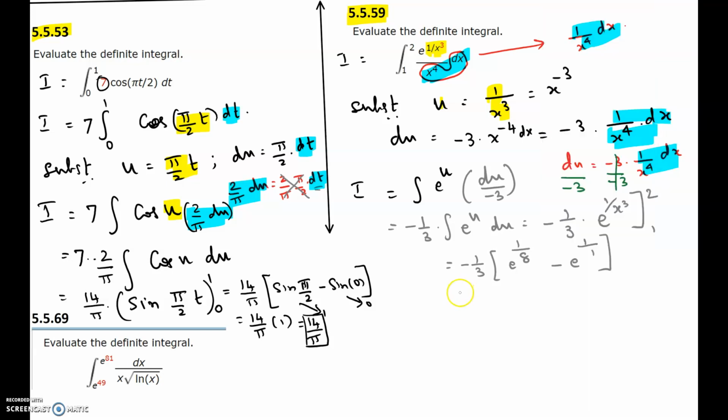So we can write this as negative 1/3 times e to the 1/8, or 8th root of e, minus e to the 1, or just e.